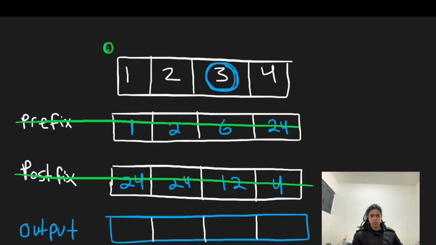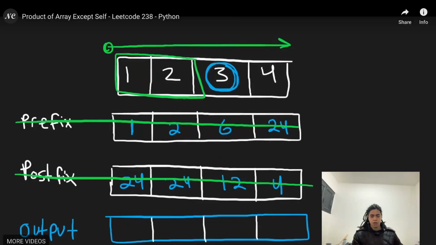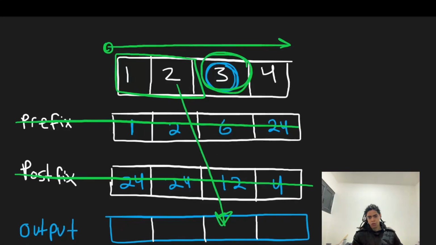First, we're going to start at the beginning and go all the way to the end, computing every single prefix for the input array and then storing the prefix. So for example, the prefix of this is going to be stored over here, because that prefix is needed to compute the result for this position.